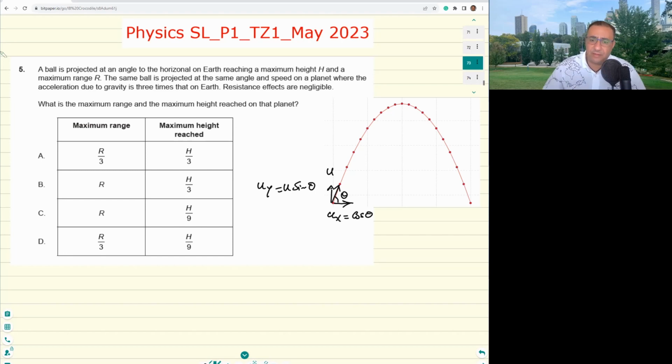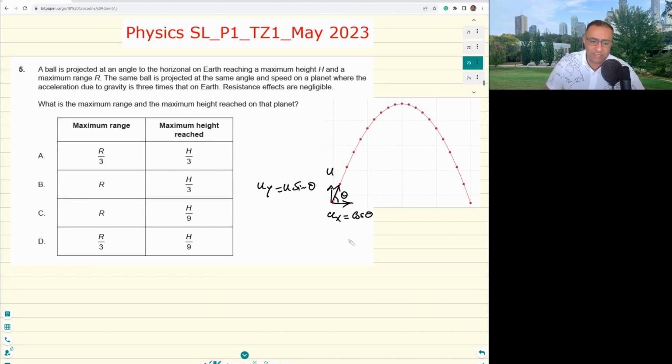The second fact: the horizontal velocity is always constant all the way, because the resistance effects are negligible, so assuming no air resistance, you can take it as constant. While the vertical velocity will of course be affected by the acceleration due to gravity.